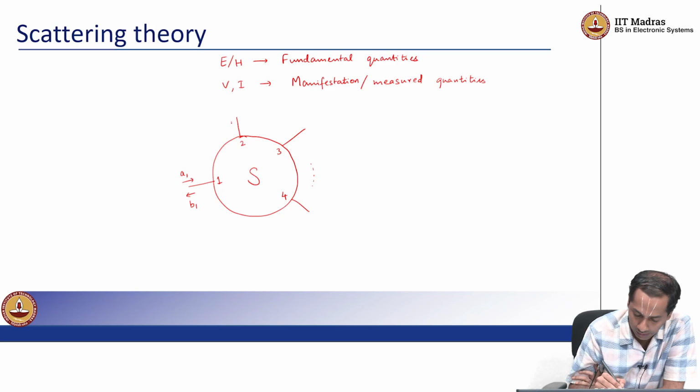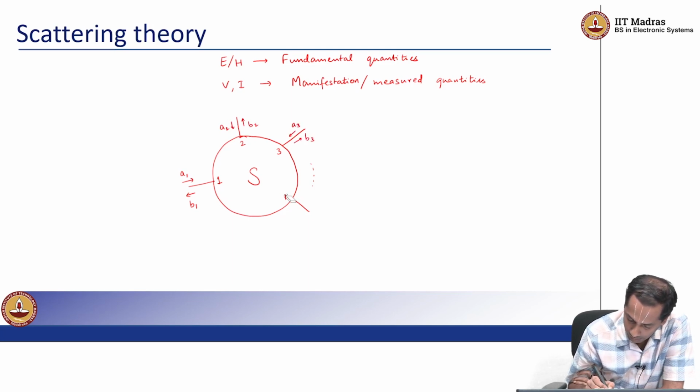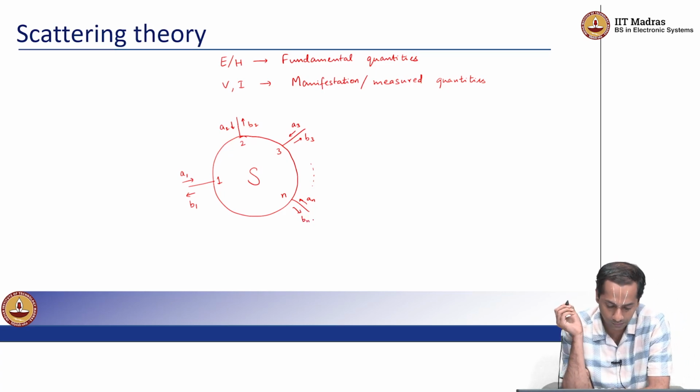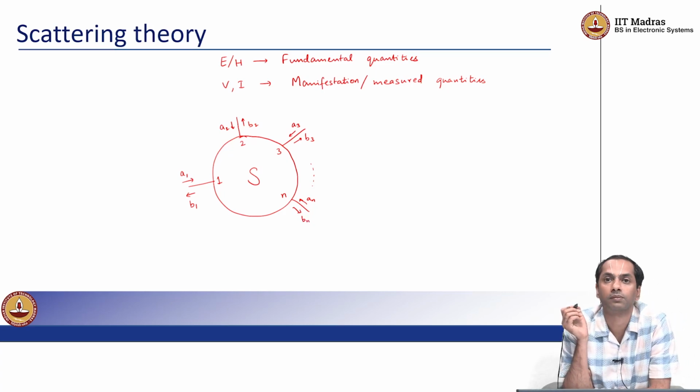So similarly we can say there's A2 and B2, A3 and B3, and let's call this port N, right? I have AN, BN, right?